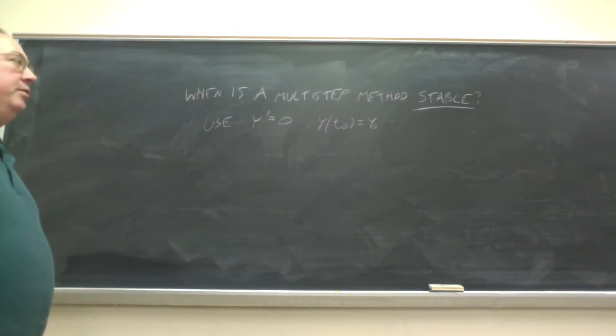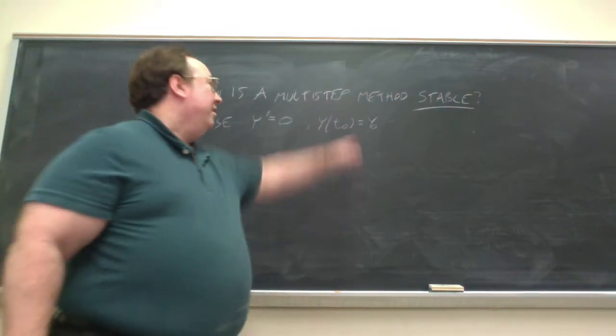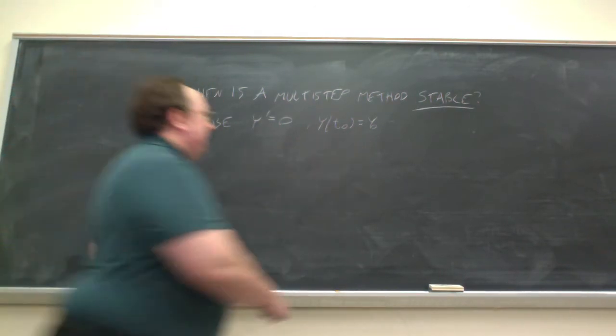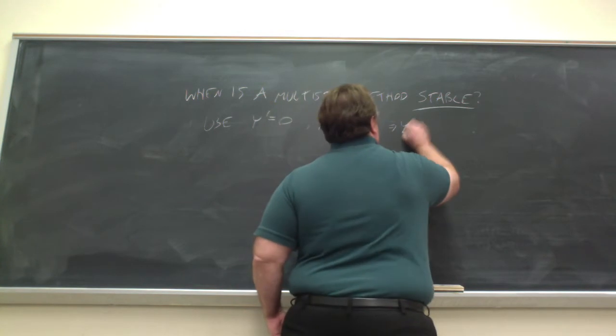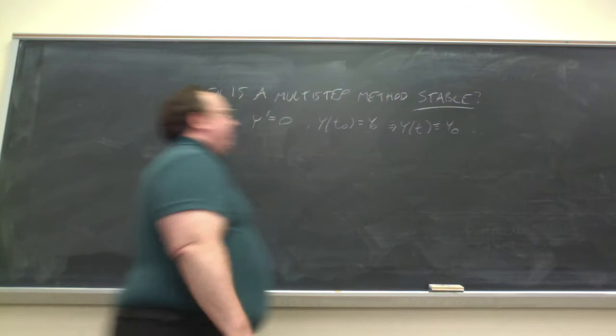If the derivative is 0, then y is a constant. Yes. Which constant? The initial value. Yeah, so y of t is equal to y naught for all time.